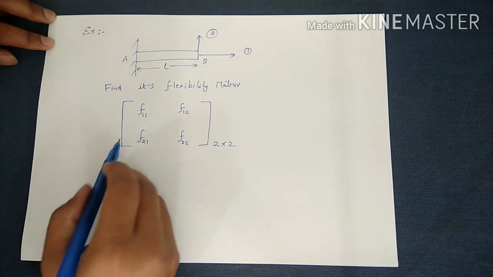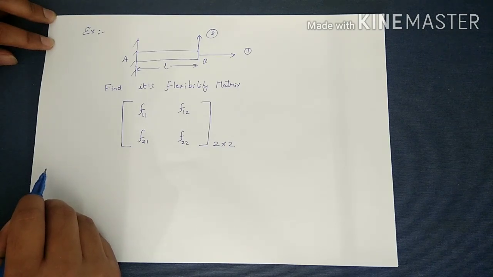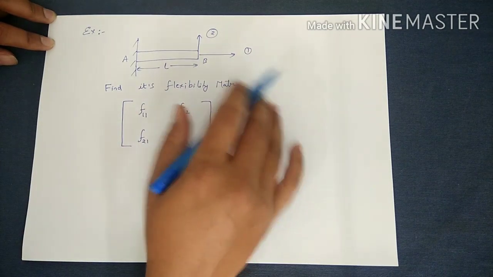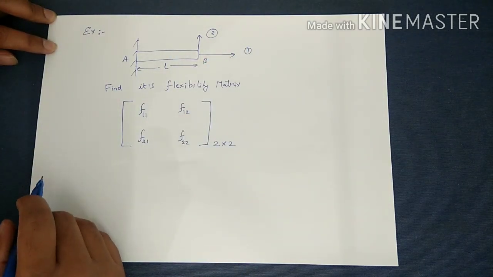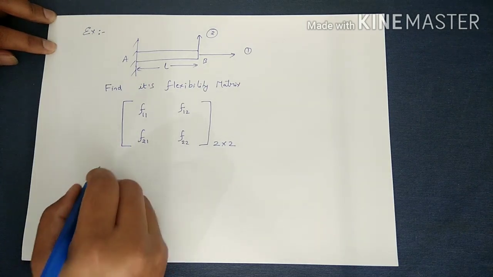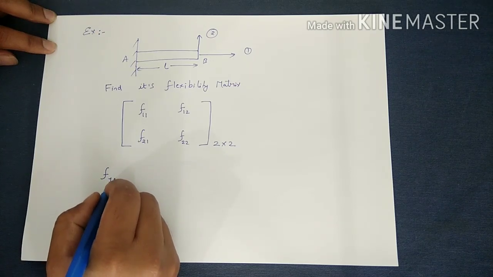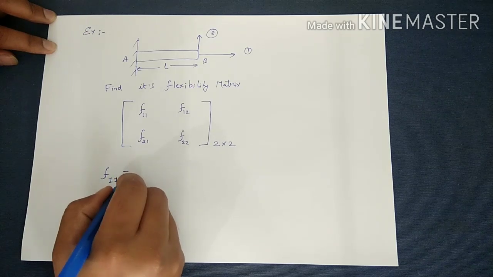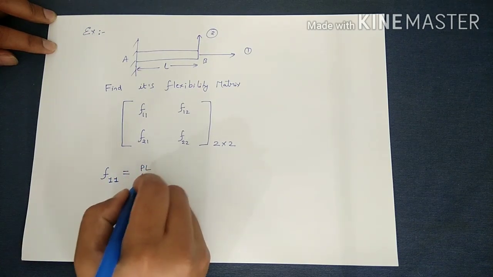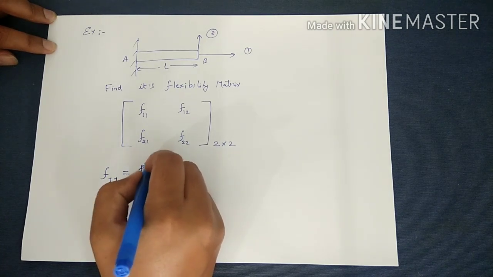Therefore, to generate the first column of the flexibility matrix, we have to apply unit load at direction 1 only. Therefore, flexibility at 1 due to unit load applied at 1 will be equal to PL upon AE, where P is 1.